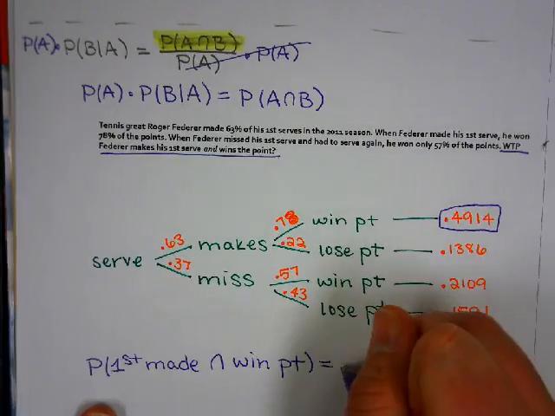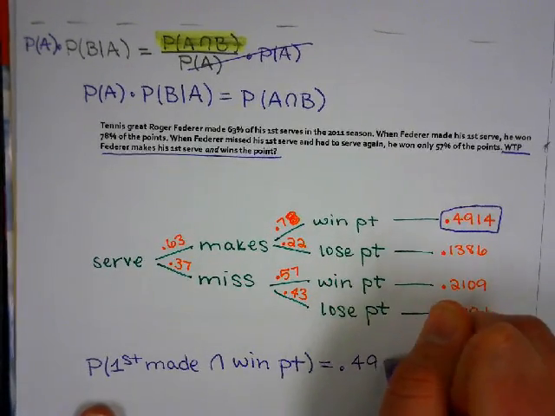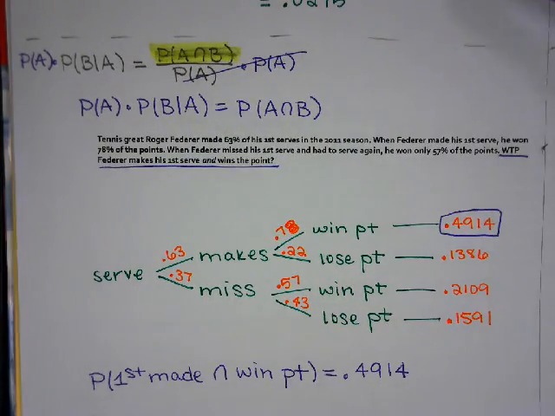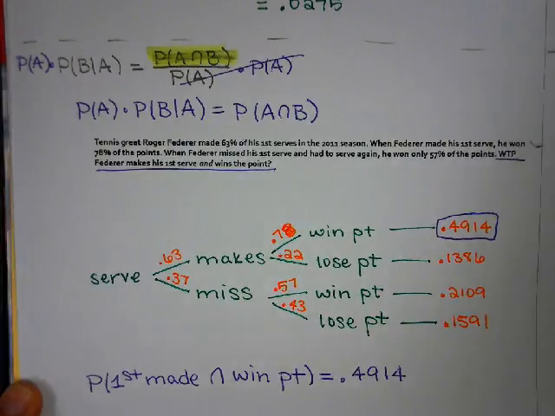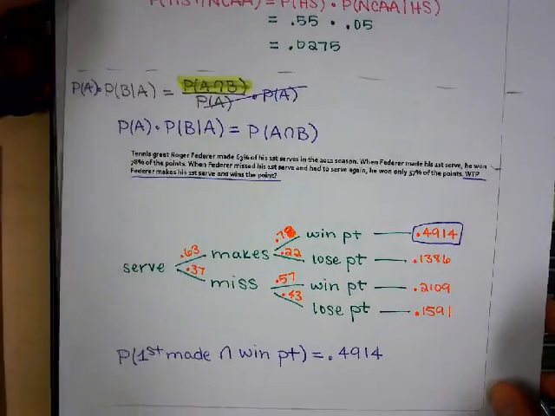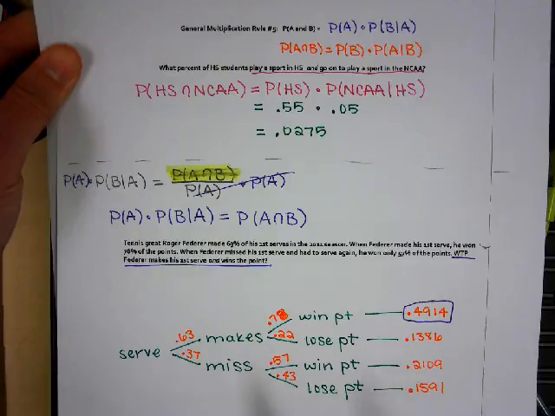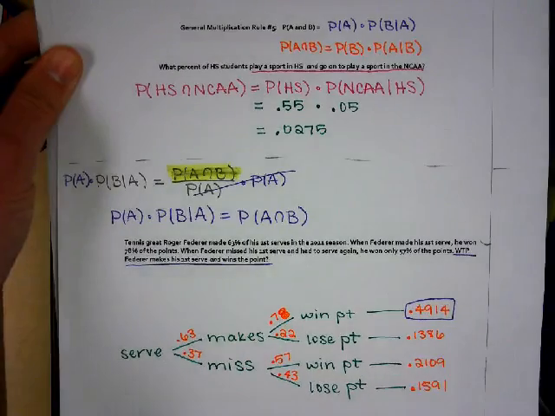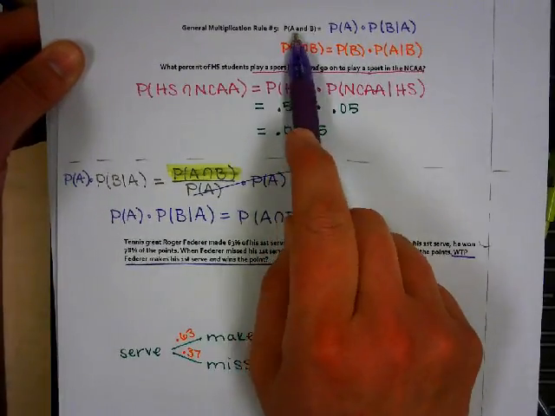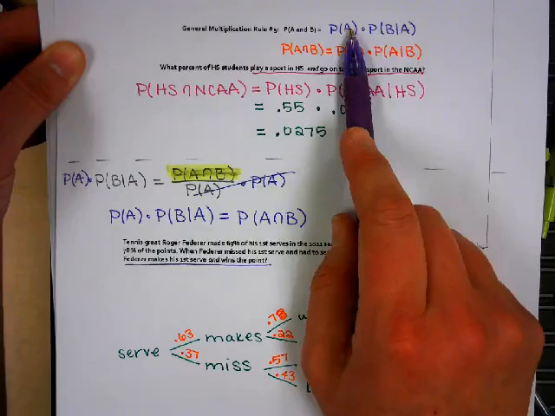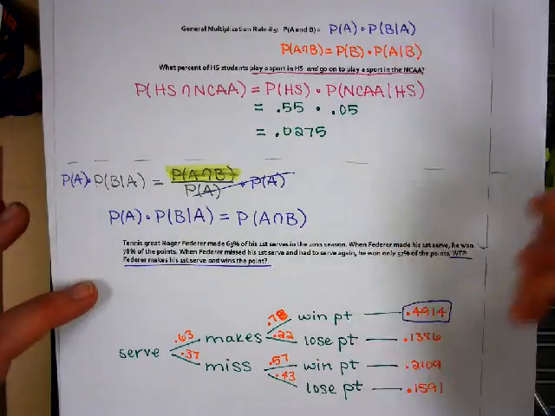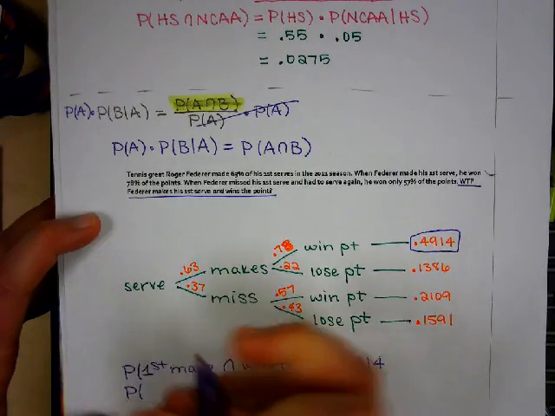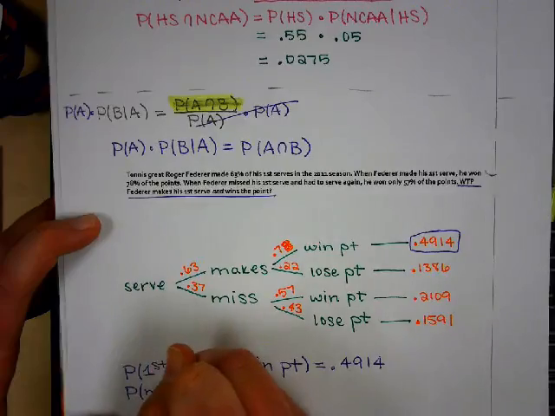If you think about it in terms of our general multiplication rule, the probability of A and B is the probability of A times the probability of B given A. So what our tree diagram really is telling us is the probability that he made the first serve times the probability he won the point given he made the serve.